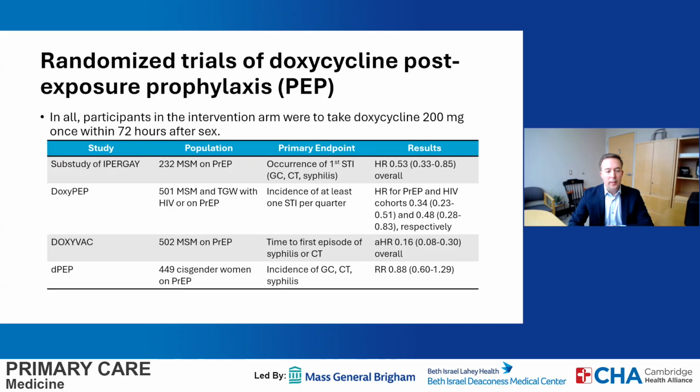The study at the bottom, the DPEP study, was performed in Kenya and enrolled cisgender women who were taking PrEP for HIV. They found in that study that doxypep did not reduce the likelihood of STIs. However, based on drug level analysis in hair, most people in the study did not take doxycycline. And so it's thought that that study may have not shown a benefit because adherence to the intervention was low.